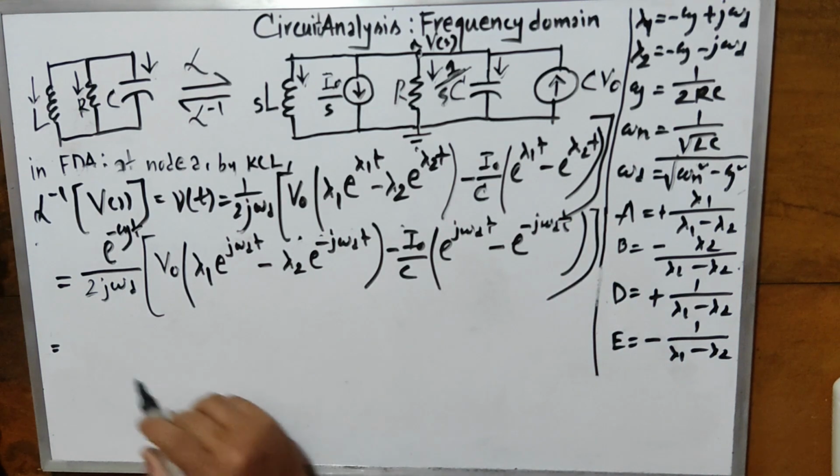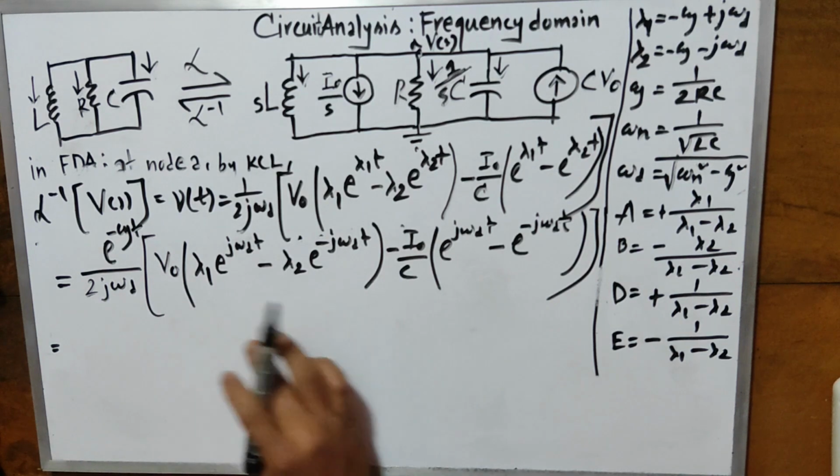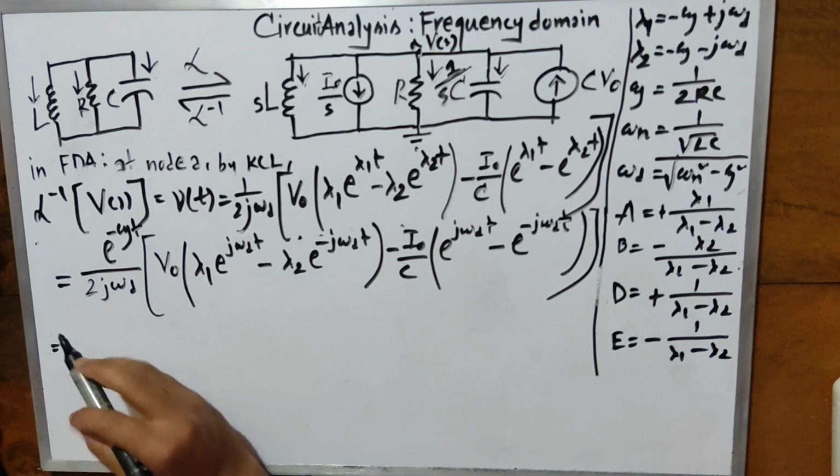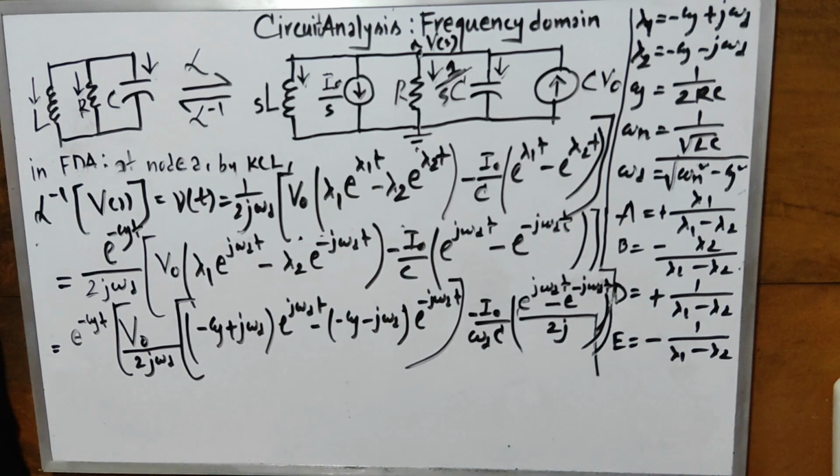Now all I have to do is take this 1 by 2j omega d inside the brackets, and it will give me sine and cosine. I hope you understand what I have done here.